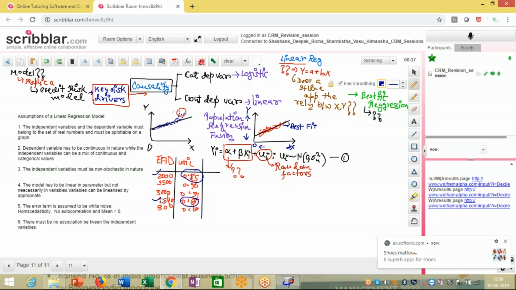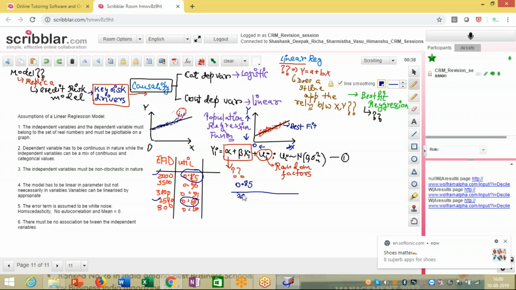What I do is I very technically shift the distribution on the dependent variable, right? So now what I say is that fine, if this is the case, then I will look into the distribution that EAD will have given the utilization is 0.85. So given that utilization is 0.85, I look into the distribution of the EAD values.